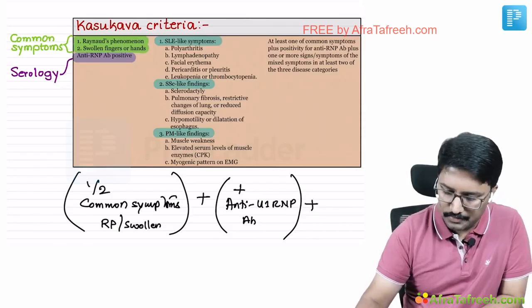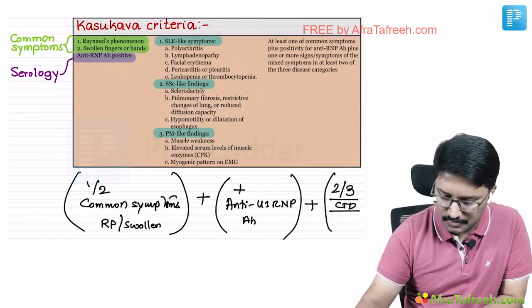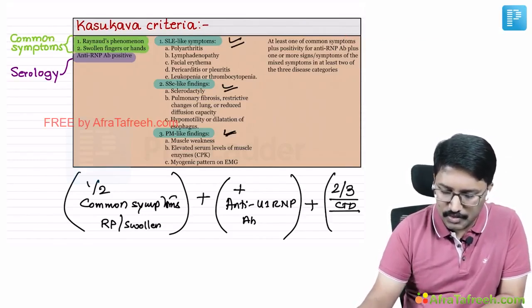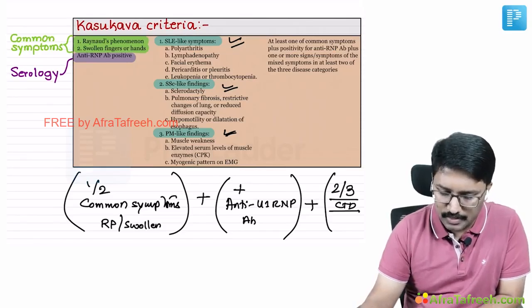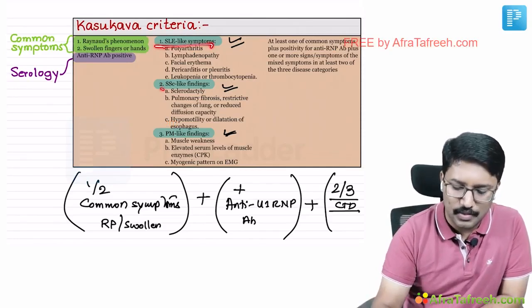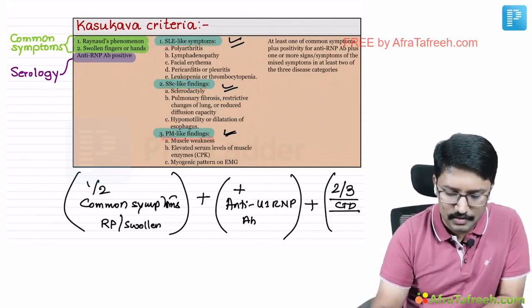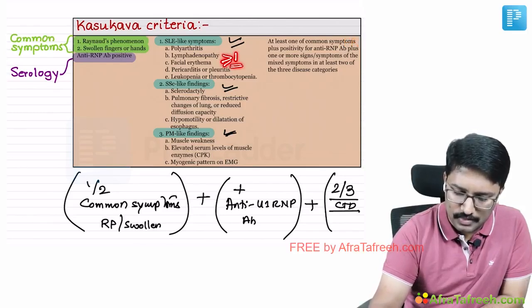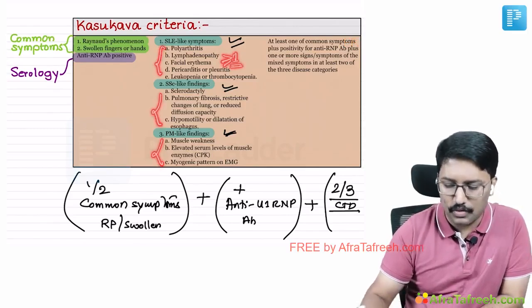Plus, patient should have 2 out of these 3 CTD-like entities, which are SLE-like symptoms or SSc-like symptoms or PM-like symptoms. And we would say that it satisfies these when one or more than one of these features are present, right? One or more than one of these clinical findings are present for SLE, for systemic sclerosis, for PM.